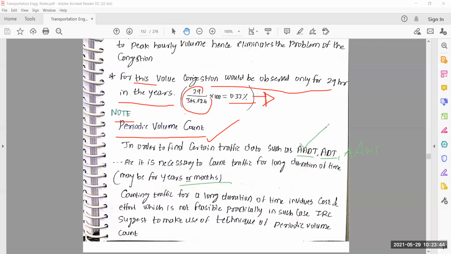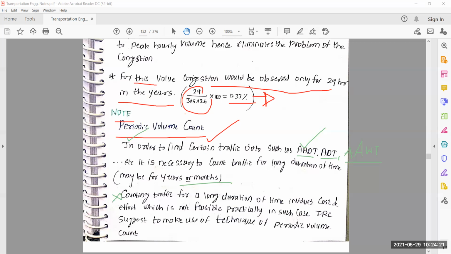During calculation of annual average weekday traffic, we also count all the traffic from Monday to Friday, add them, and divide by 52 into 5, that means 260. Then we calculate ADT, which is also time consuming for designers. To overcome these situations, we do periodic volume count. Later we will see how periodic volume count is done.